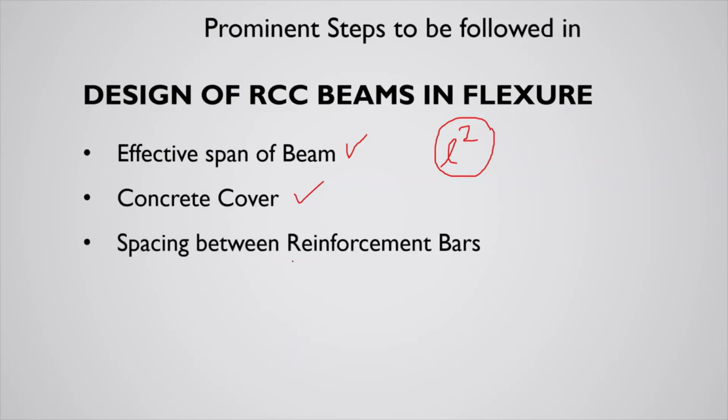Then we have to work out the spacing between the reinforcing bars. That means whatever the reinforcement we are providing in the form of steel bars, so the spacing we have to decide, and based on the spacing we will be easily able to calculate what are the number of bars required, or in other sense we can first of all find out what is the area of steel required, and then assuming a suitable diameter of bar, we will be able to work out how many number of bars are required, and based on the number of bars we have to work out that when you are using those number of bars, then what will be the space available between those bars.